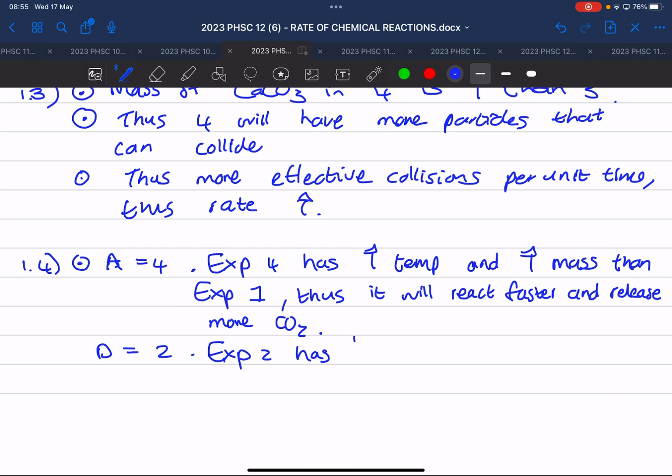So experiment 2 has a lower concentration than experiment 1. Thus, it will react slower.